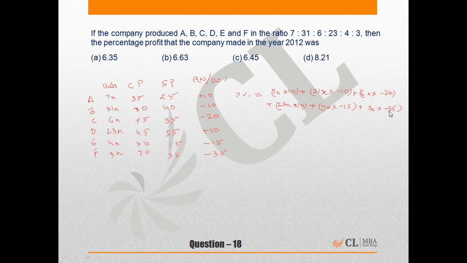So number of units multiplied by the profit or loss on each unit gives the total profit, and now I have to divide it by total cost price.